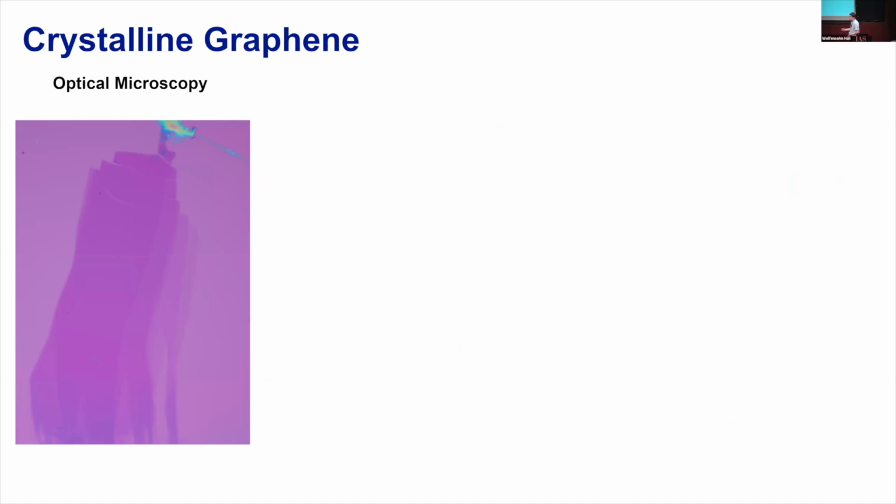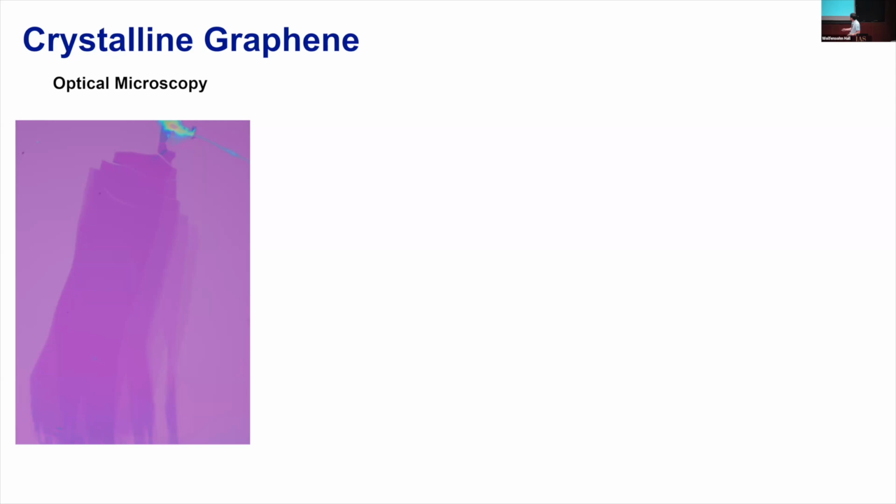If you use tape to exfoliate graphene out of graphite crystals, and you put it on such kind of substrate, and you look at it with an optical microscope, you get randomly different regions with different contrast, and the contrast tells you the number of layers of carbon you have there.